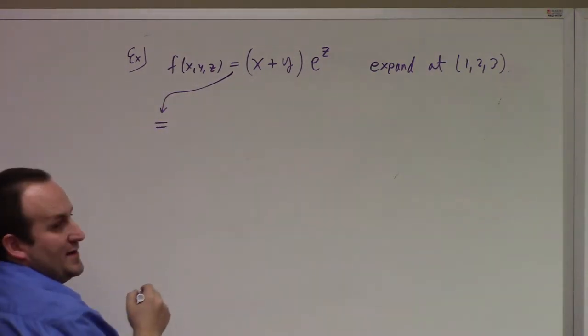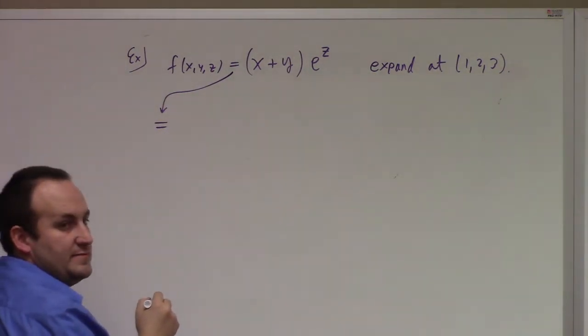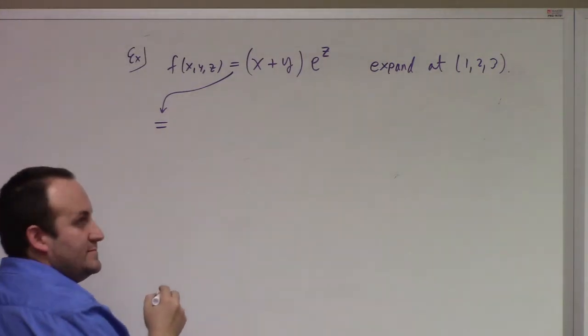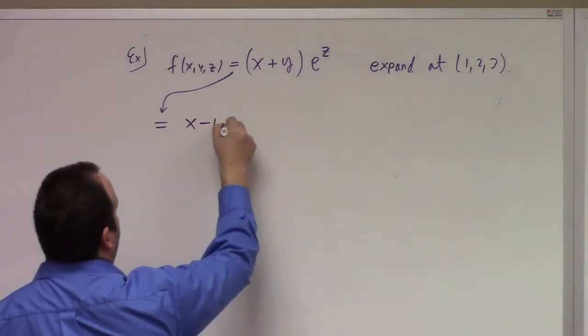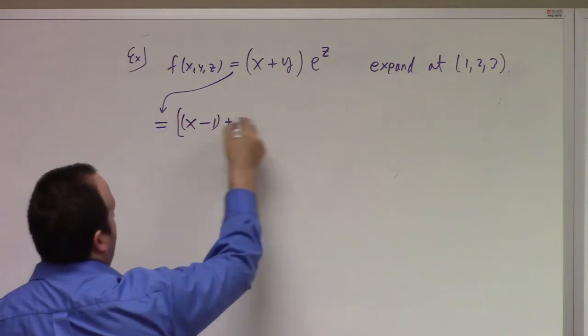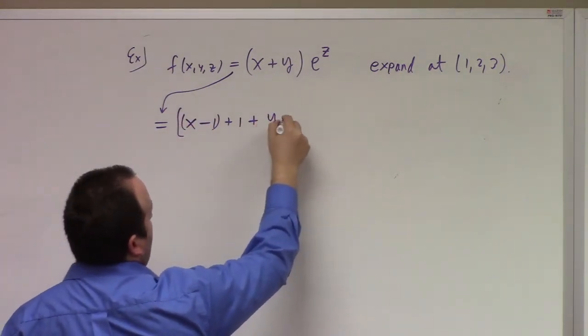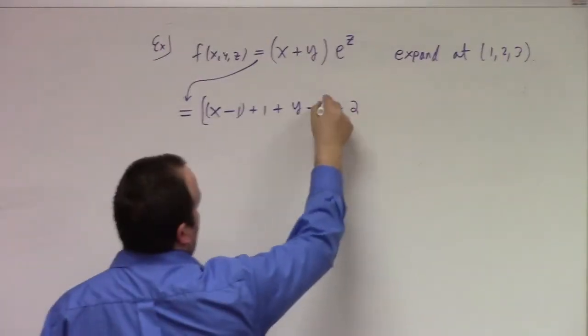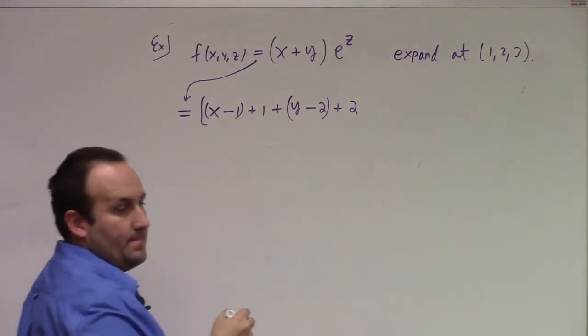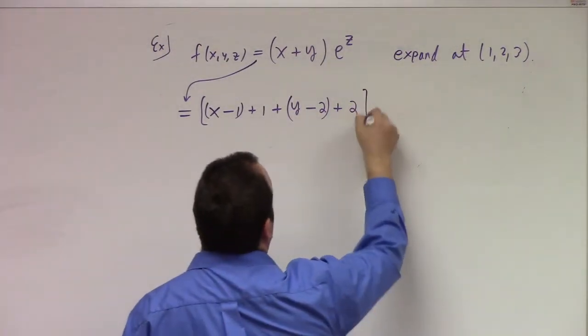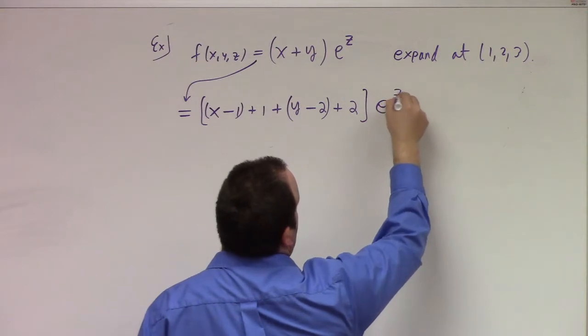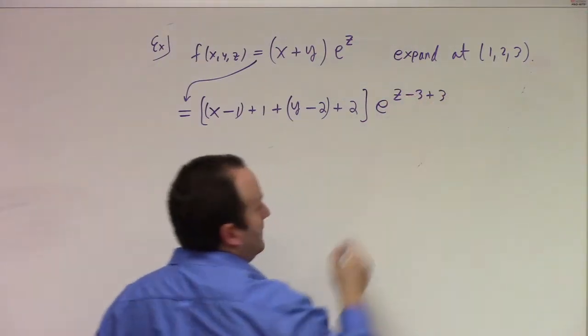So how do you make an x become an x minus 1? Yeah, very good. Plus y minus 2 plus 2. And then e to the z minus 3 plus 3.